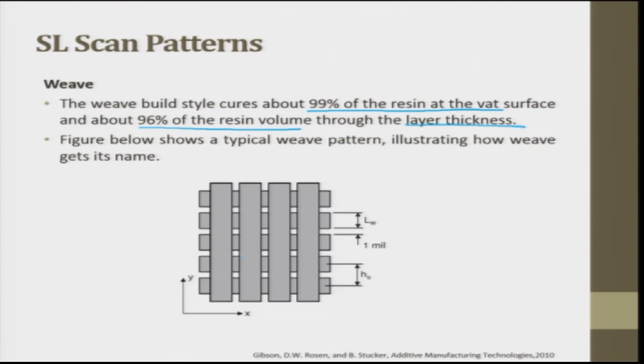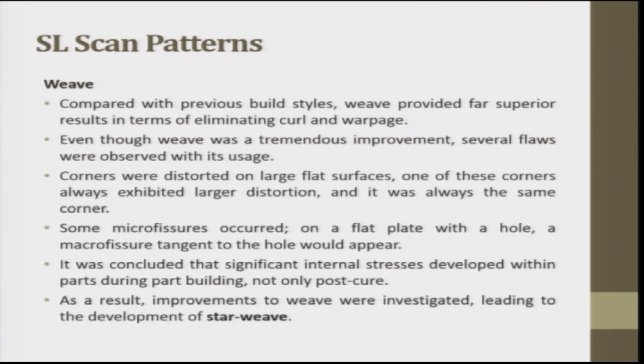The figure below shows a typical weave pattern illustrating how weave gets its name. So this is 1 mil in X, this is the pitch between the two layers, and this is the width of one layer. Comparing with previous build styles, weave provides far superior results in terms of eliminating curl and warpage.